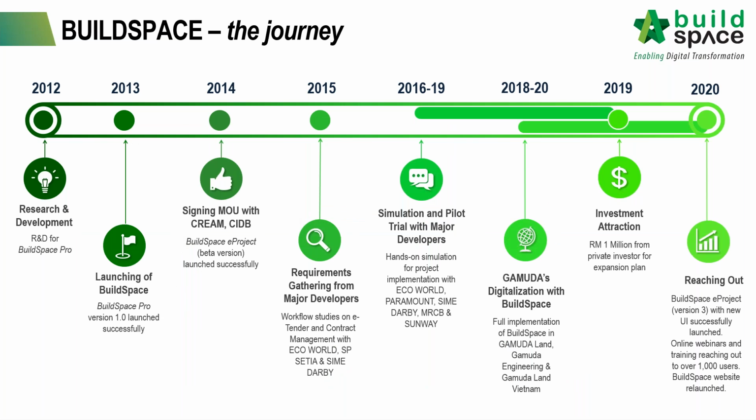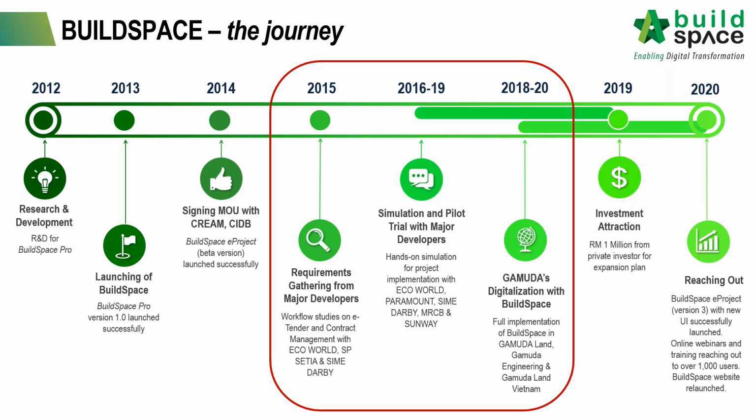In year 2012 until 2013, the entire R&D of BuildSpace Pro was done, and BuildSpace Pro was launched in 2013. Along the way, we also had requirement studies with our friends from EcoWorld, SP Setia, SAMDABI, MRCB, and Sunway to gather the requirements to enrich the platform in BuildSpace.